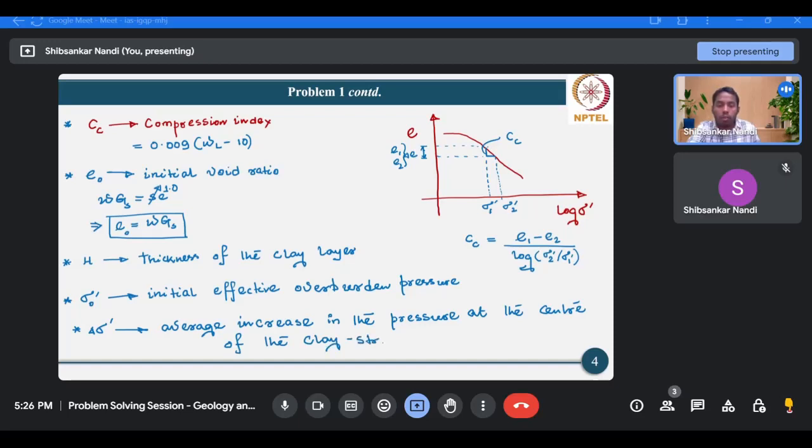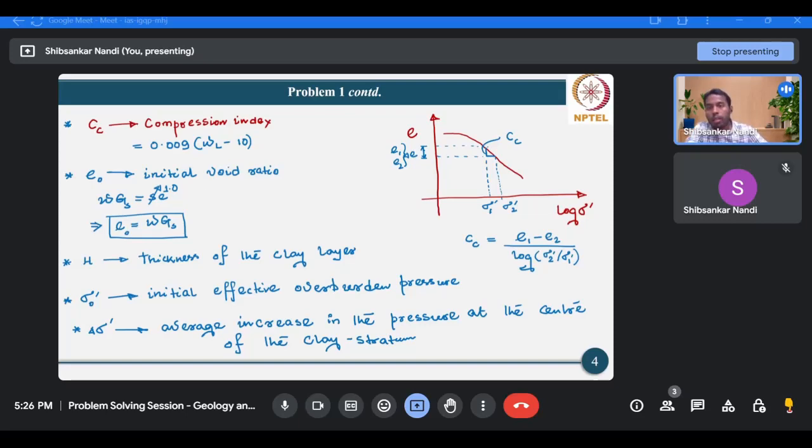So this is our first problem. That's why I am discussing, a little elaborately, all the terms which are involved in the calculation of primary consolidation settlement. From the next problem onwards, we will simply write down the values of these parameters and calculate. Okay, so we'll not spend much time on this part.